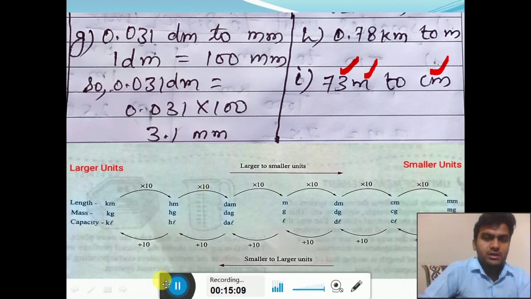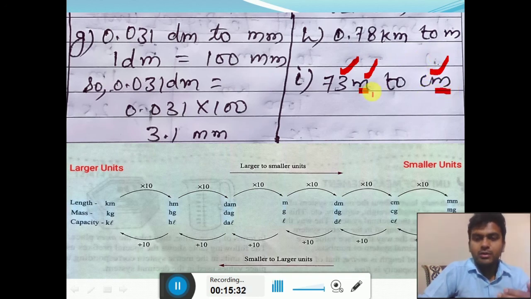Now you just identify whether meter is bigger or centimeter is bigger. Kilo, hecto, deca, meter, deci, centi, millimeter. Centi is coming after meter. So centimeter is the smaller unit and meter is the bigger unit.